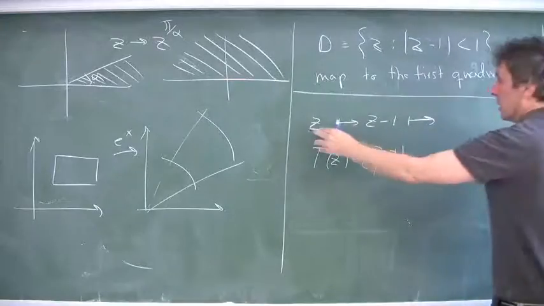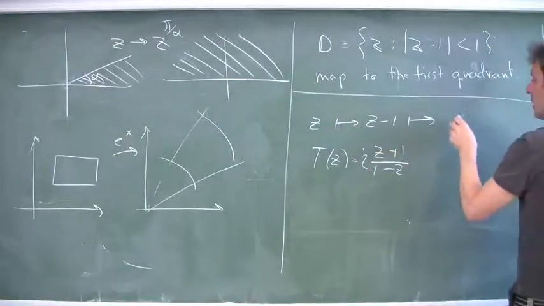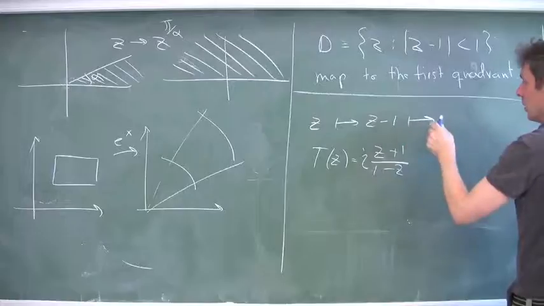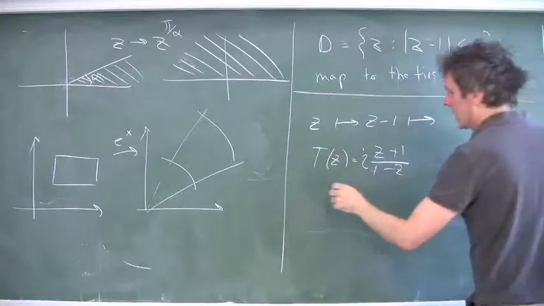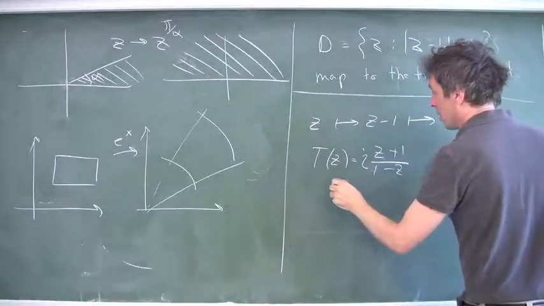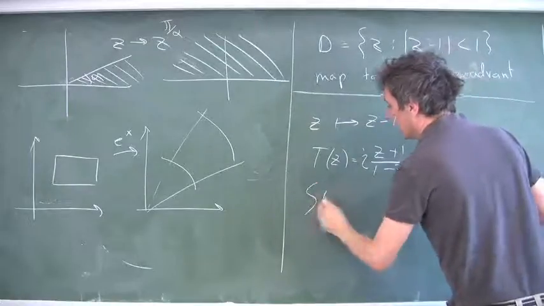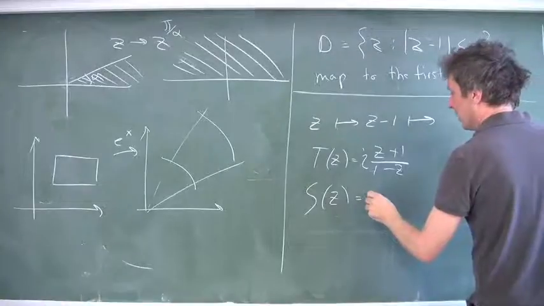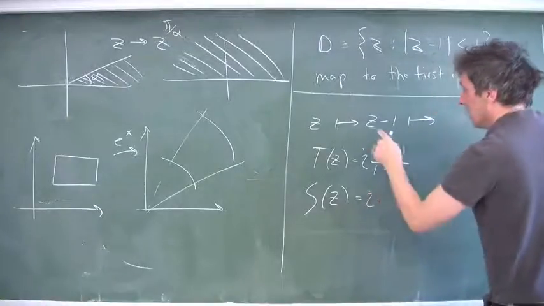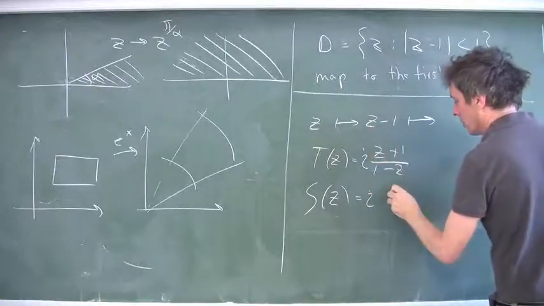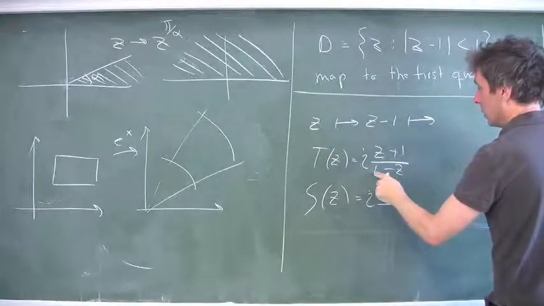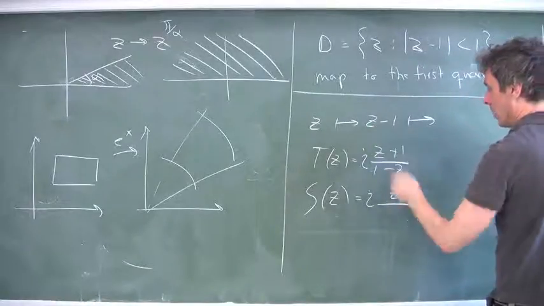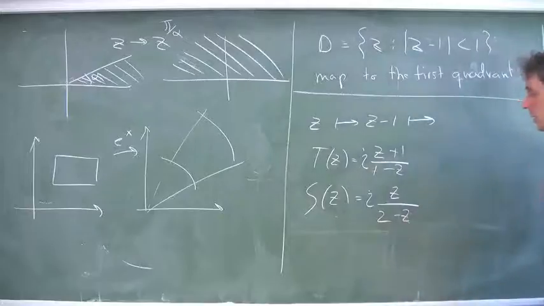So if you just consider the composition of this now, we'll get the composed map here now, S of z, which is equal to i times (z minus 1), so you get z up here, and then 1 minus (z minus 1), so it's 2 minus z down here.